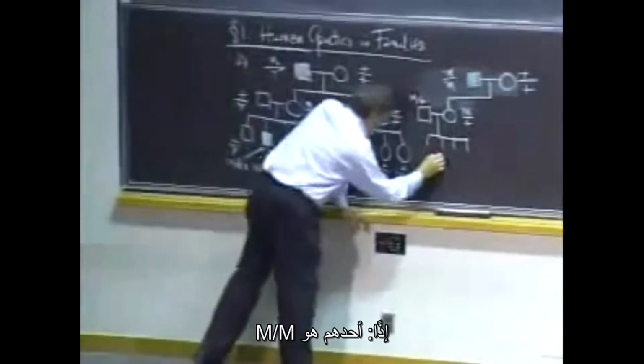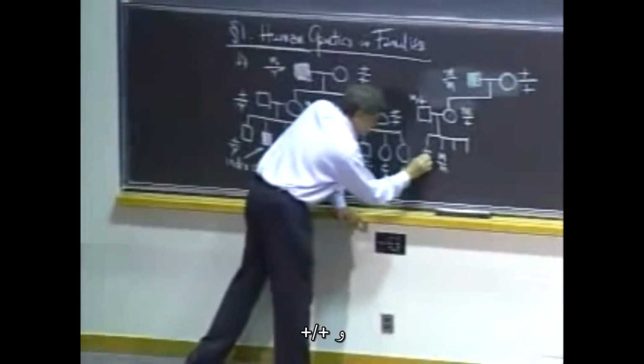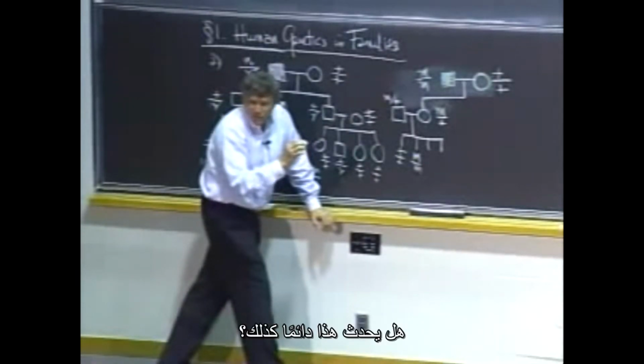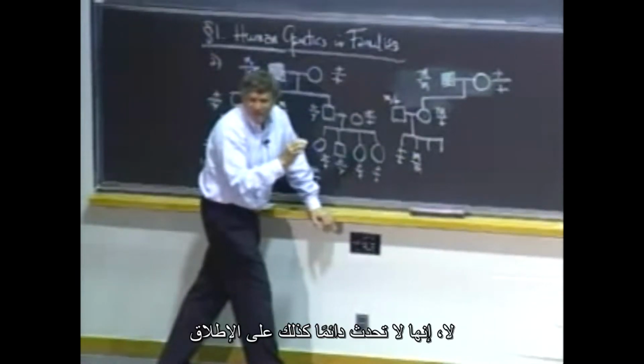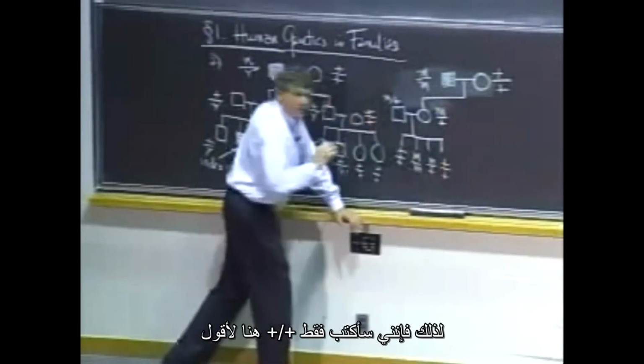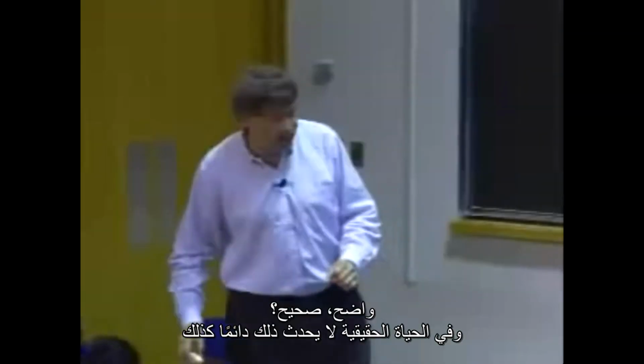So one of them is M over M, plus over plus, and 2 M pluses. Does it always work out like that? No, it doesn't always work out like that at all. So I'm just going to write plus over plus here, just to say tough, right? In real life, it doesn't always come out like that.